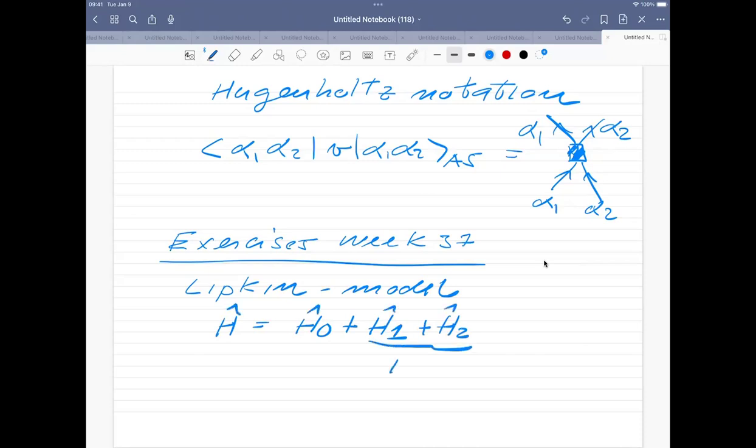So this is our interaction piece. We are going to use this specific model to calculate matrix elements in a brute force way, and you will see that we can do that up to 4 particles.